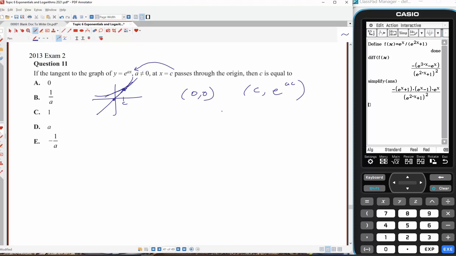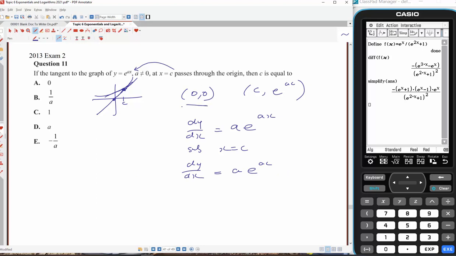Alright, then what we're going to do is get our derivative at point C as well. So if y equals a e to the ax, then dy/dx is going to be a e to the ax. Sub x equals c, dy/dx equals a e^(ac).